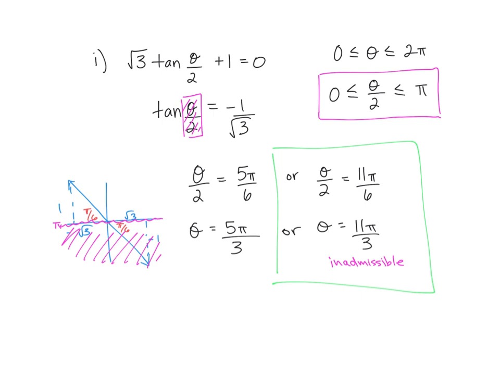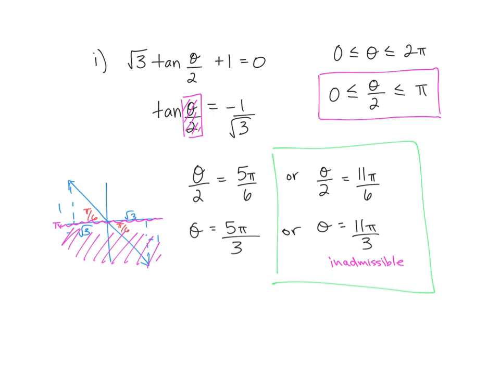So again, you're going to just treat this just like a theta for right now, so we can think about what we have. So we know that tan is negative in quadrants 2 and 4. We have our opposite over our adjacent. Awesome.